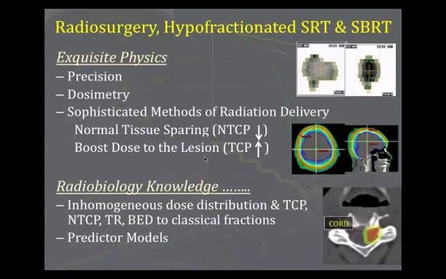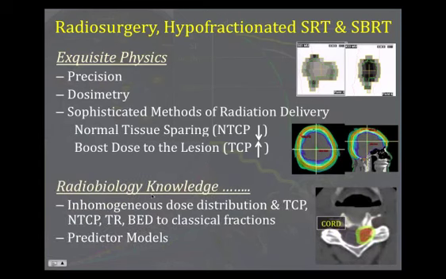But how are we in regards to radiobiological knowledge? We are lagging behind. We don't know the effects of inhomogeneous dose distribution. Everything I discussed with you is assuming that the entire organ is receiving a homogeneous dose and it's being completely irradiated. But here, in the case of a spinal lesion, just a portion of the cord is getting an inhomogeneous dose.